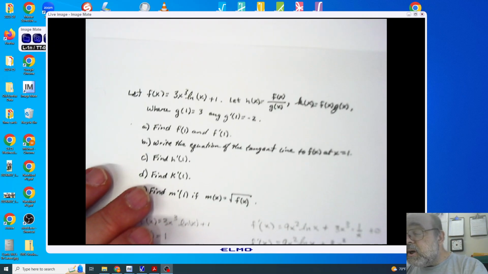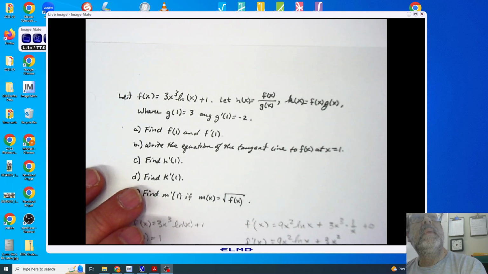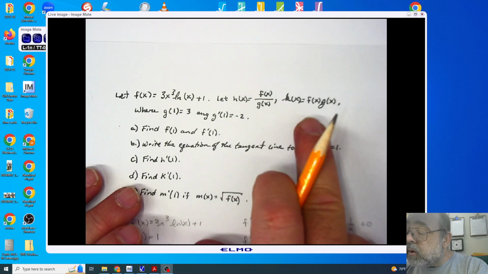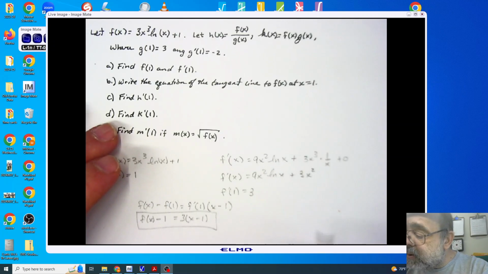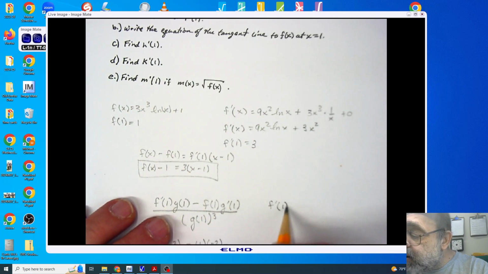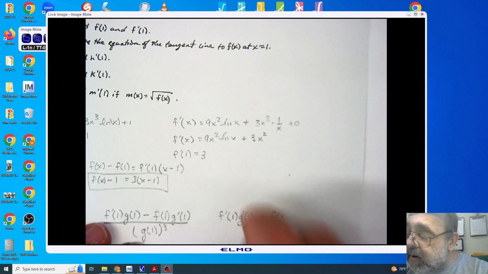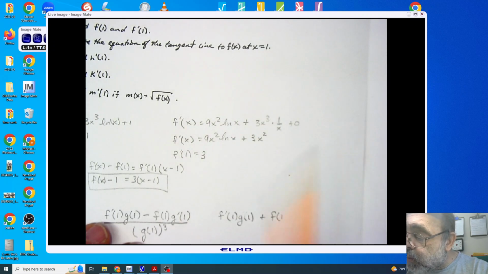The fourth question down is finding k prime, and k is using the product rule, so we're now repeating ourselves, but we're using the product rule. f prime of 1 times g of 1, plus f of 1, oh wait a minute, I've got a g prime of 1 there, it should be g of 1. Notice how easy it is to make a silly mistake if we're not careful.